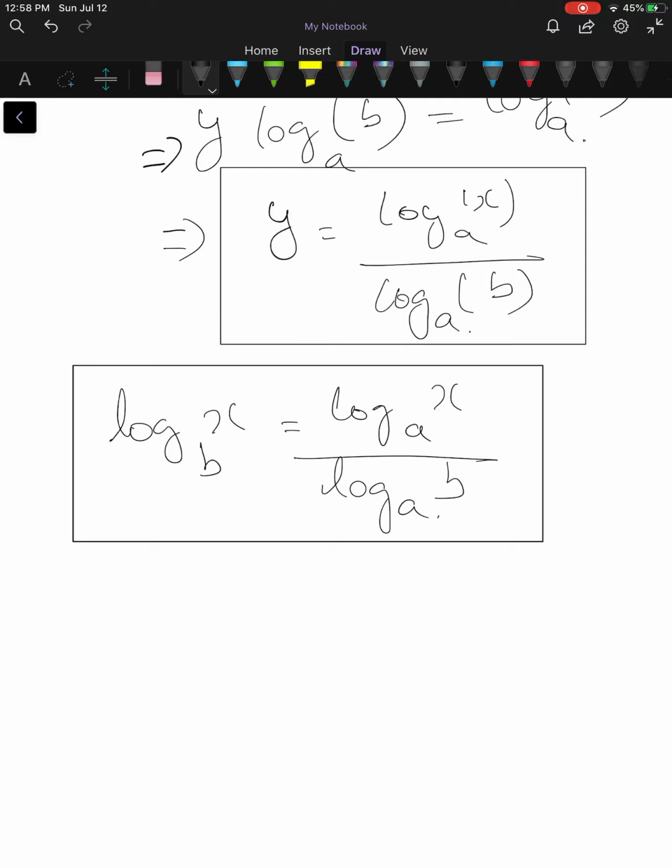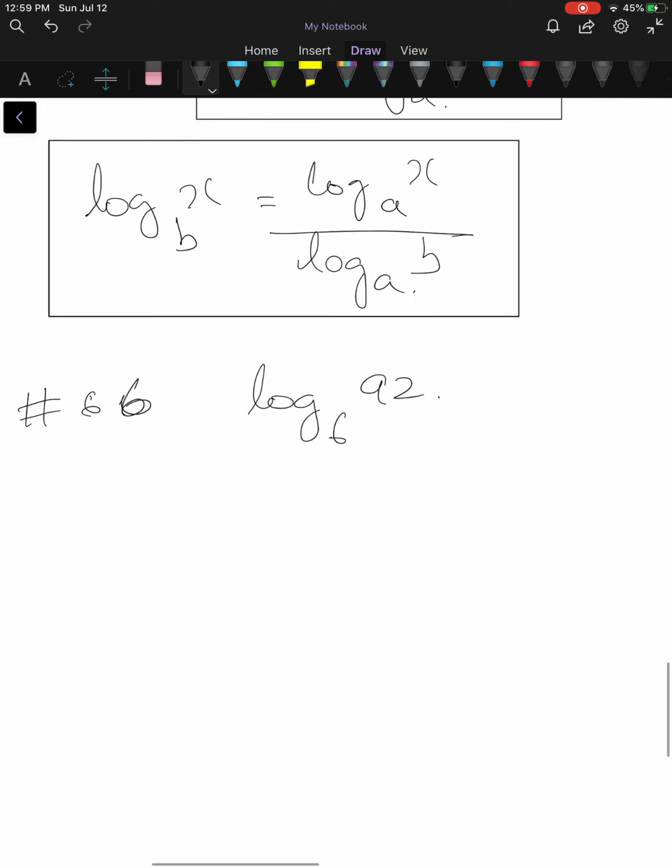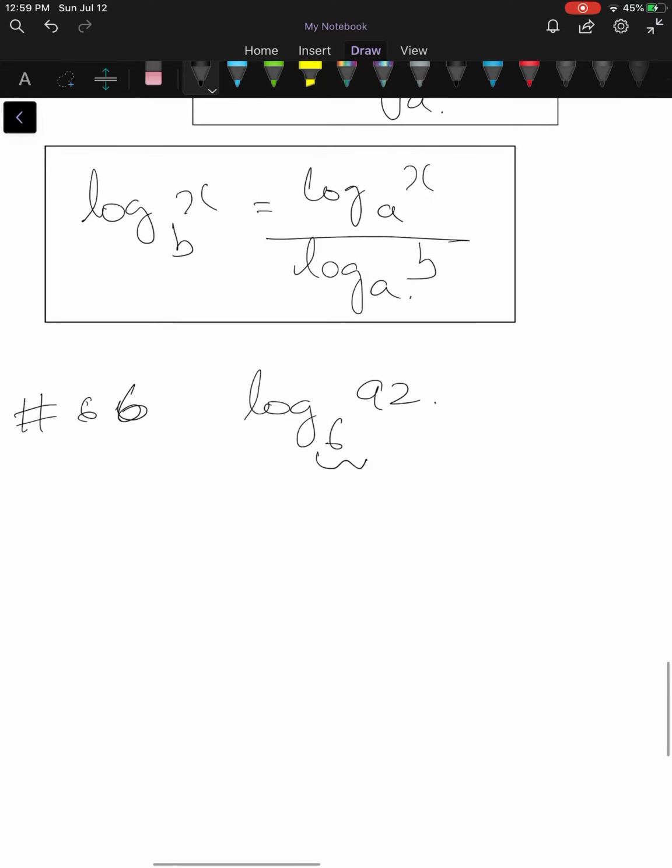So let me do that. Let me do problem number 60 for you. The question says use the change of base formula and a calculator to evaluate the logarithm rounded to 6 decimal places. You can use either natural or common logarithms. Okay, so log 6 to base 92.